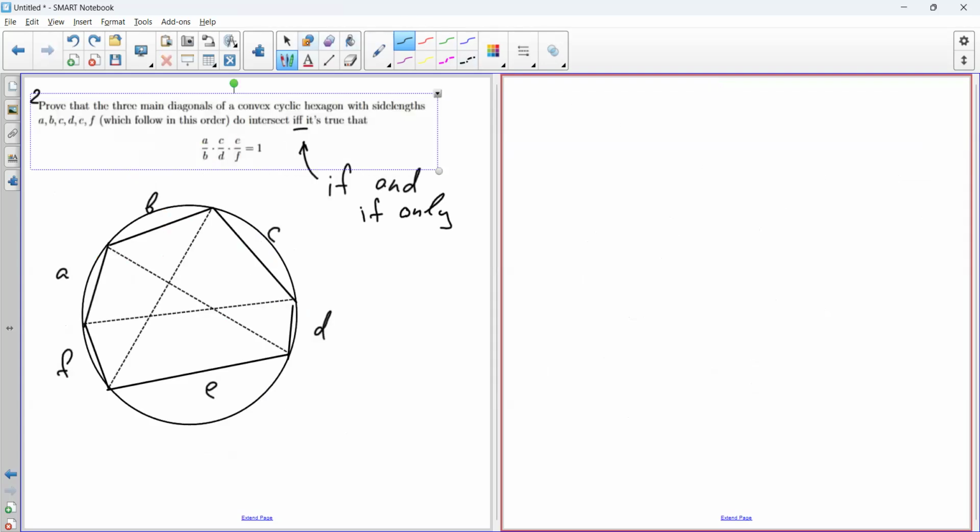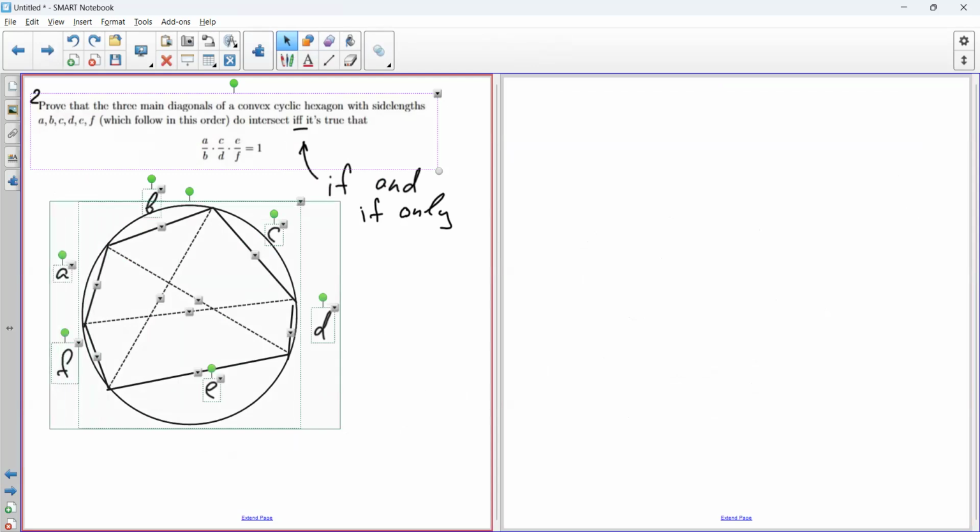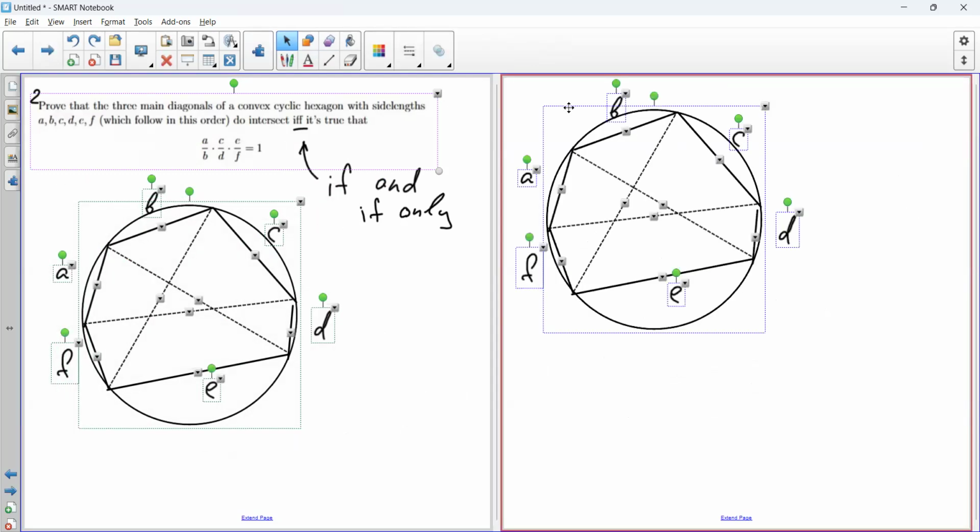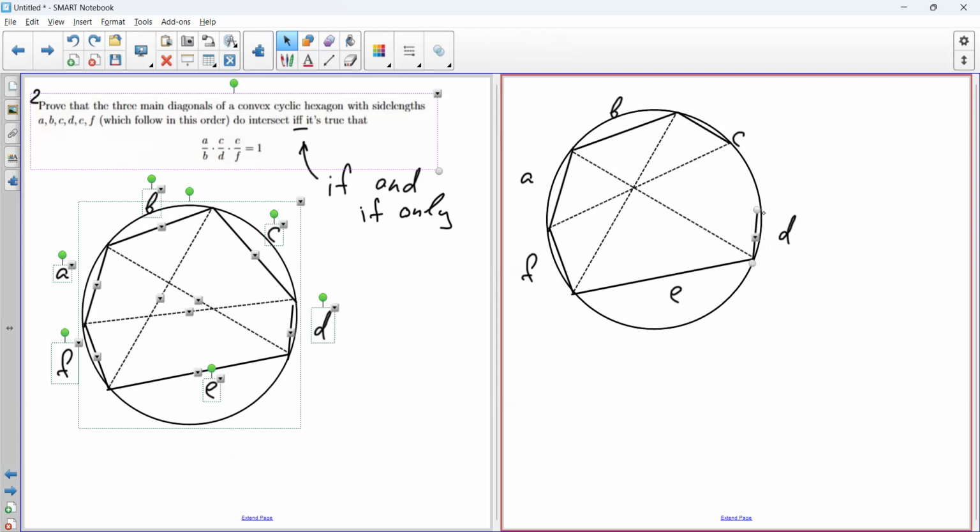So then I would do a new drawing. I would consider all the previous drawing and do some corrections. So here I would have first the case where we really have intersection of these diagonals.